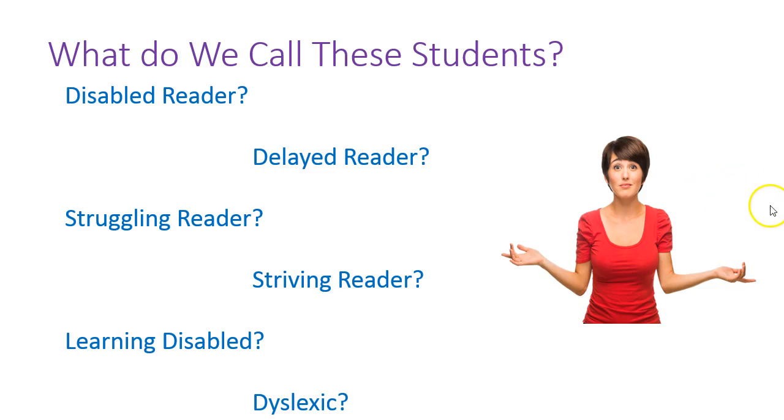But for some reason, something is blocking the reading from progressing. I personally usually default to struggling reader. I don't know why. That just is usually the term that comes out of my mouth. But that's what I generally say. So, whatever term that you use, we're all talking about the same children.